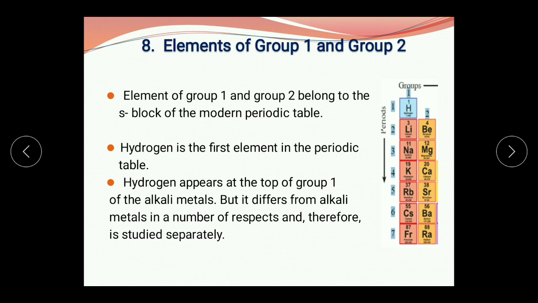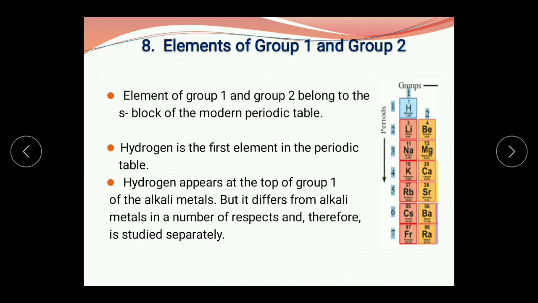Just now, hydrogen. About hydrogen, if we see, it is there in the first position of group 1, that means of alkali metals, but it does not show properties similar to alkali metals. It differs from alkali metals in a number of respects, we can say.